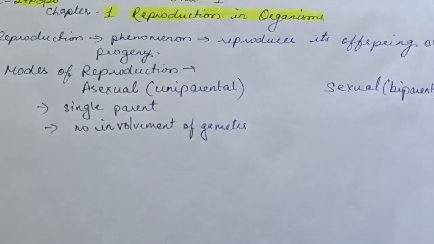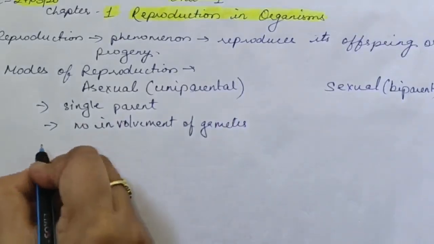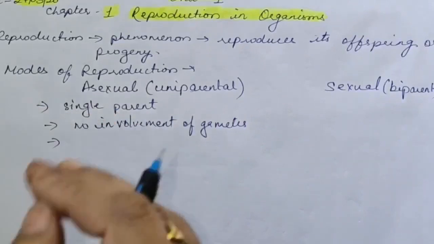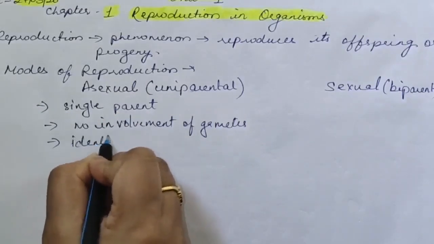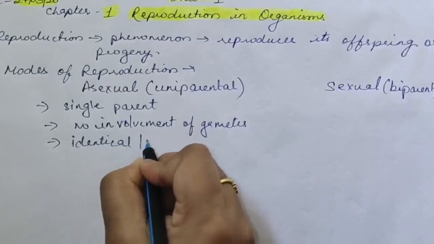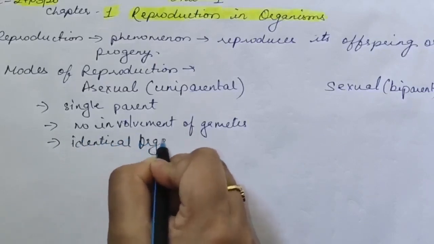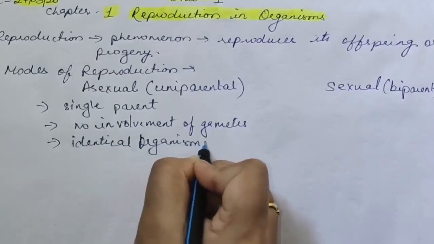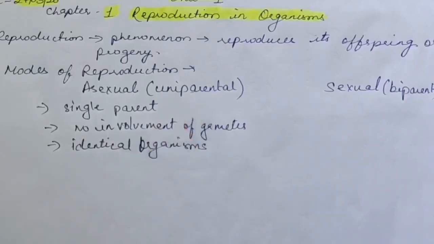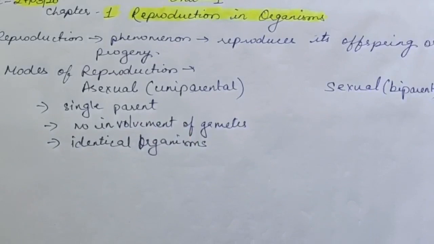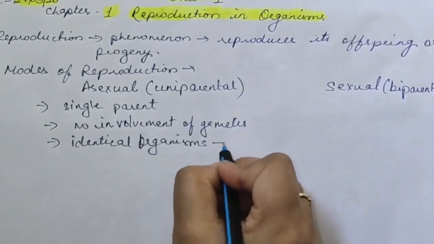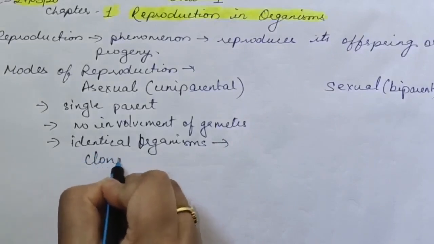And as there is no fusion between gametes, it leads to production of similar identical organisms which are identical to each other after asexual reproduction, as well as they are similar to their parent organism also. So they are called as clones.